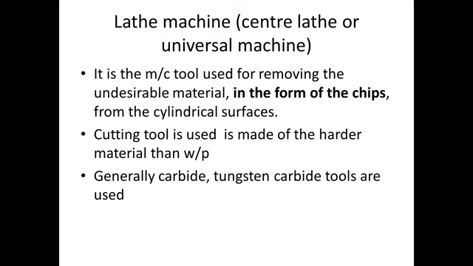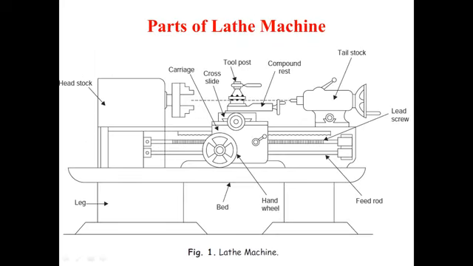The cutting tool is a harder material, carbide material. The workpiece materials are of course MS, a very common material, mild steel, low carbon steel. Carbide or tungsten carbides are common cutting tool materials. These points are important to remember for MCQ.